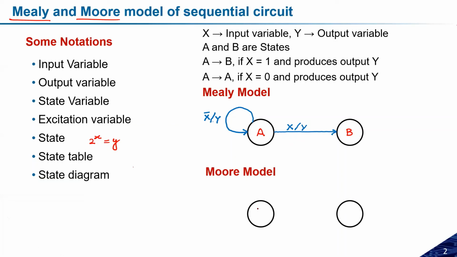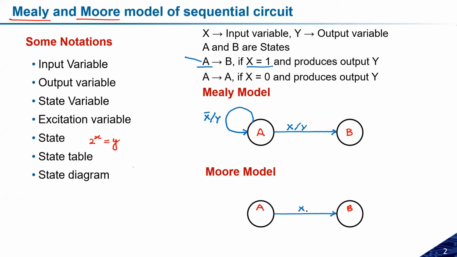One state is A, and the second state is B. Now, what are the conditions saying? The first condition says the state will change from A to B if x is equal to 1.